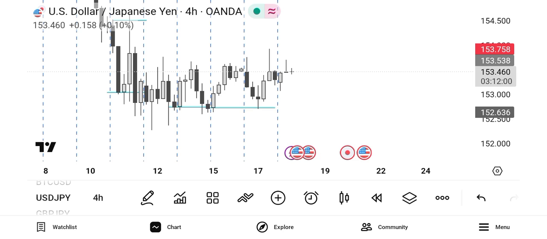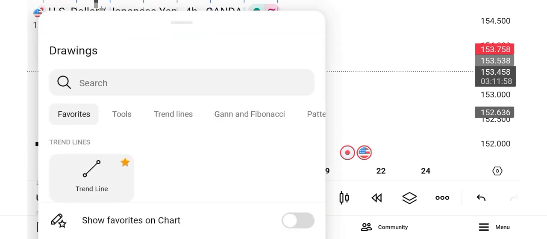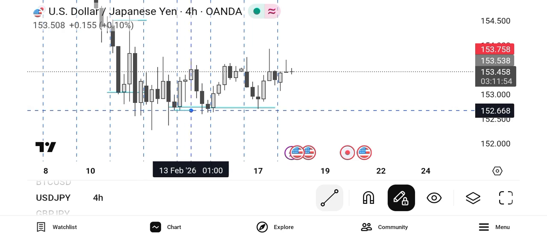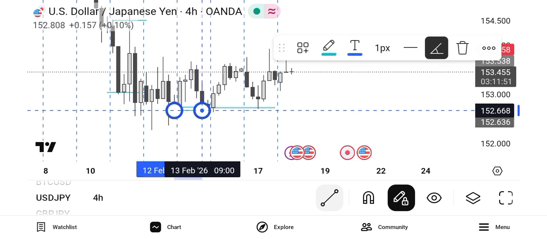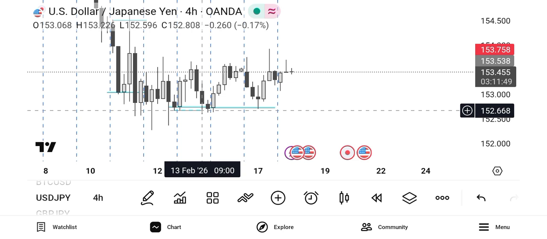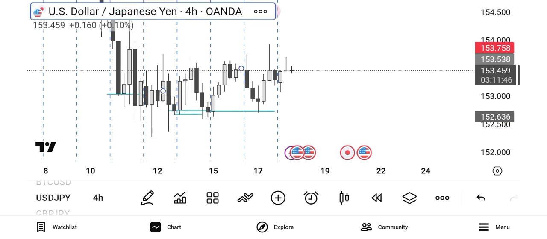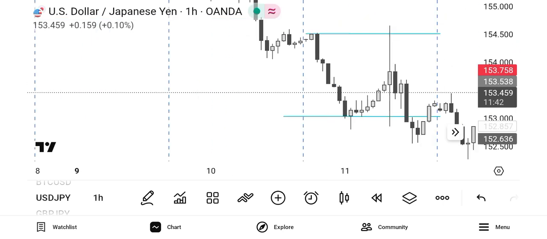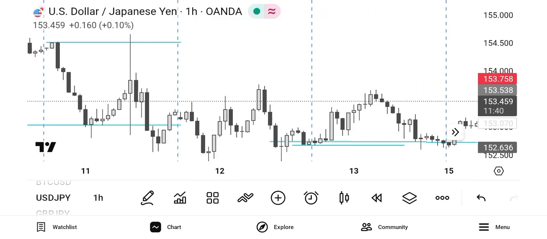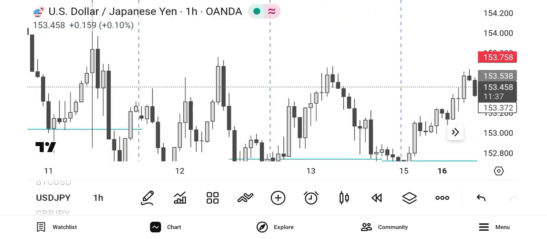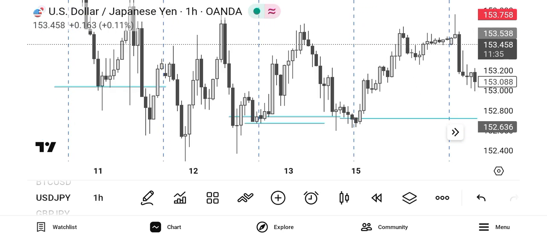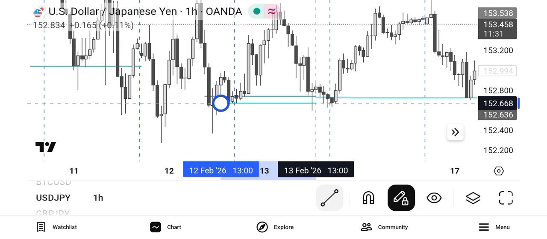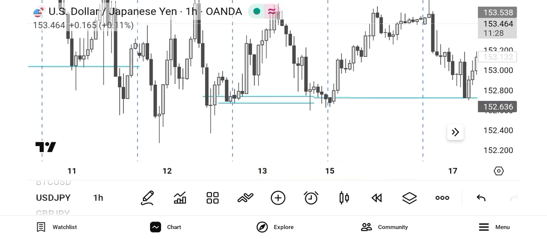After that, this liquidity sweep, you need to be clearer on the 1 hour time frame. You can take a look at it. You now see it, it's more clear on it.